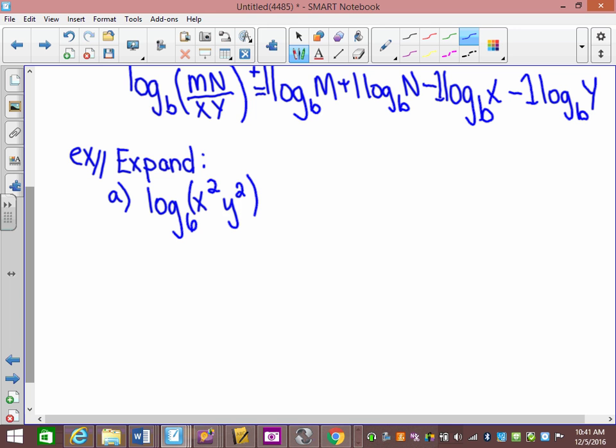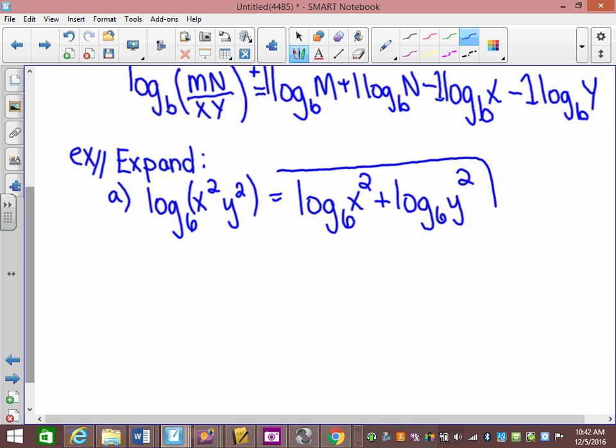Because they're both in the numerator, we'd get what I had just written. Log base 6 of x squared plus log base 6 of y squared. You could put a plus 1 in front of here, but there's really no point. There's one extra step we could change this to, but we'll do that after once we put power rule.